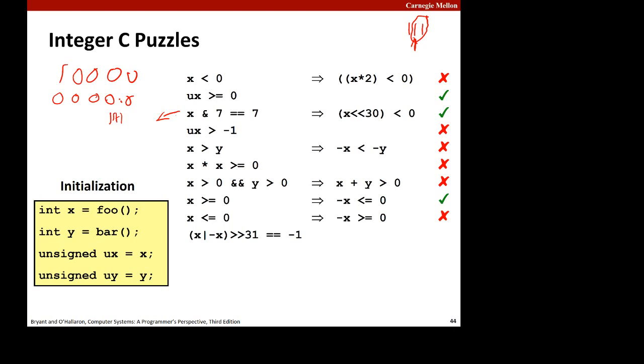What works for T-Max? This actually almost works. Can you give me one example where it doesn't work? 0, yes. This might be a useful hint in one of your puzzles coming up.